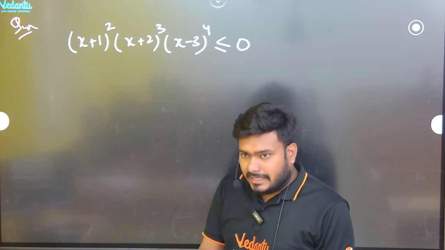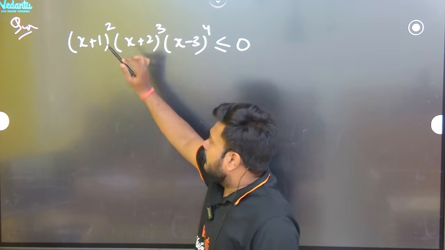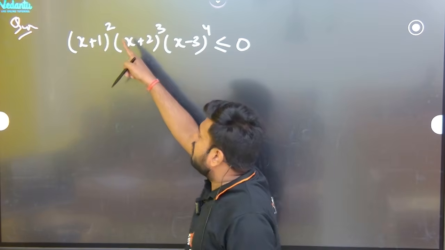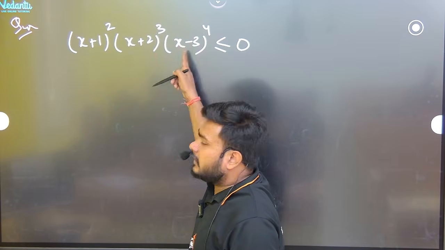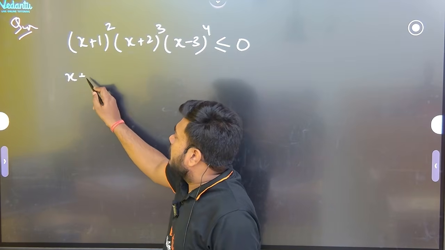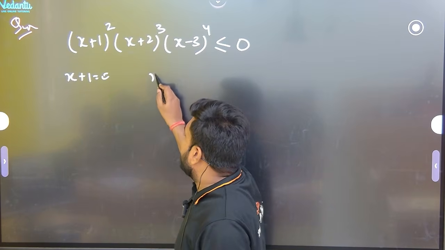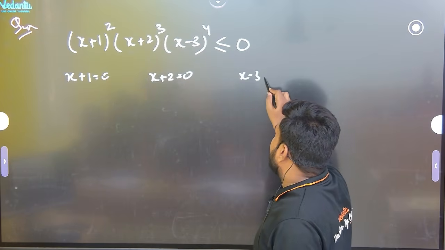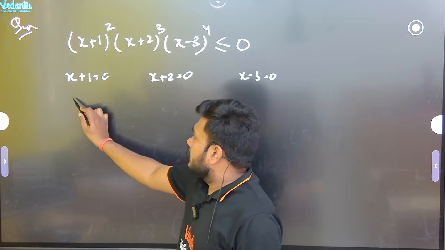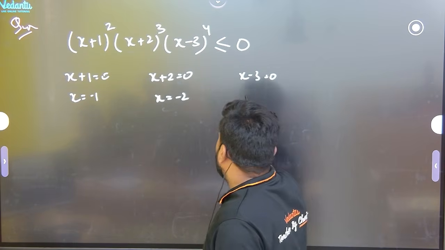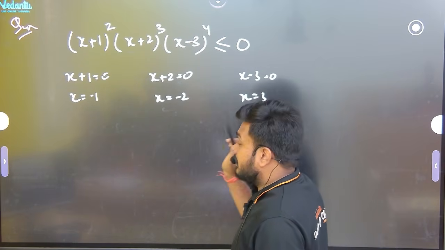Next step says, put each factor equal to 0. Factor number 1, factor number 2, factor number 3. I will put these factors equal to 0. X plus 1 equals 0, then x plus 2 equals 0, then x minus 3 equals 0. Answer: x equals minus 1, x equals minus 2, x equals 3.